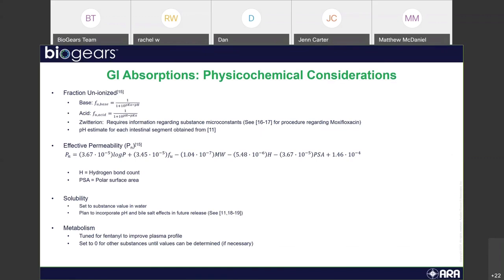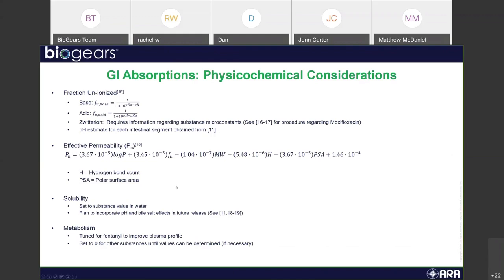All of these, log P, molecular weight, hydrogen bond count, polar surface area, are inputs in the substance XML file. So that file that Austin showed for vasopressin, there are fields to enter these values. So the model will hopefully take those and get a good first approximation for what GI absorption looks like for any generic substance.